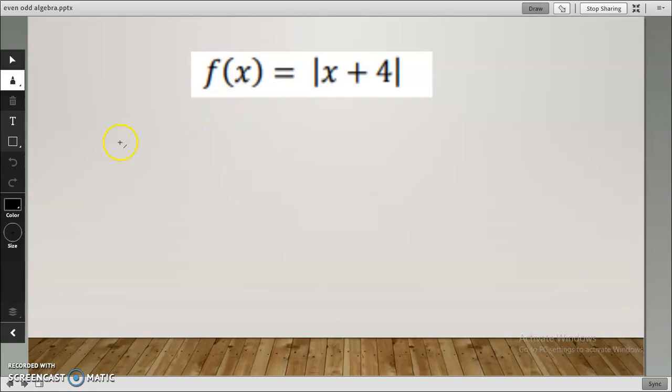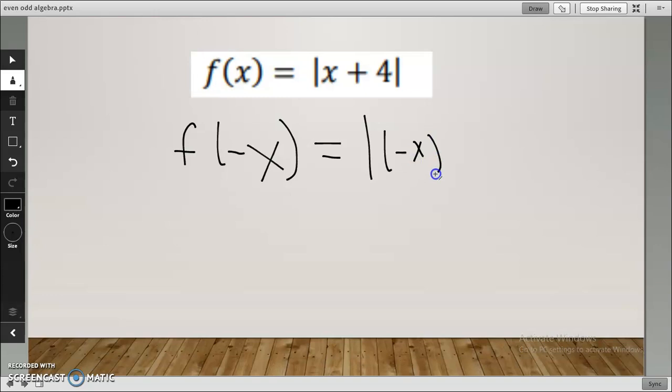All right, another one. Again, I'm going to plug in my negative x. All right. Well, this one is more difficult to evaluate because depending on what this value is, it's going to determine what happens on the outside. Because remember, the absolute value tells me distance.